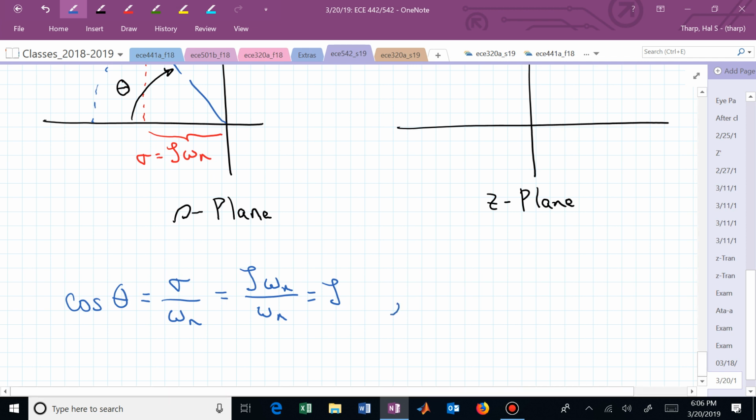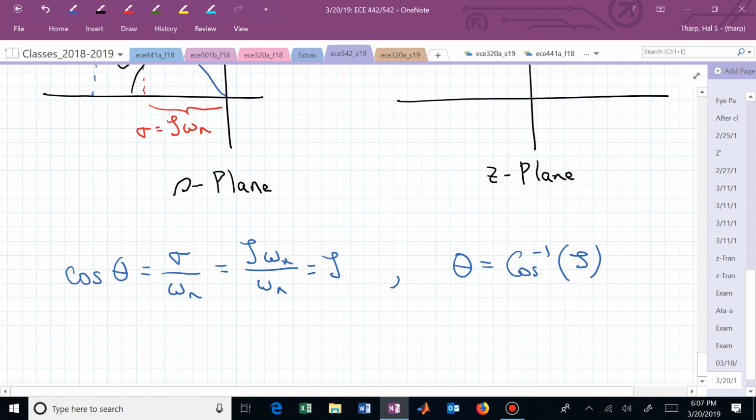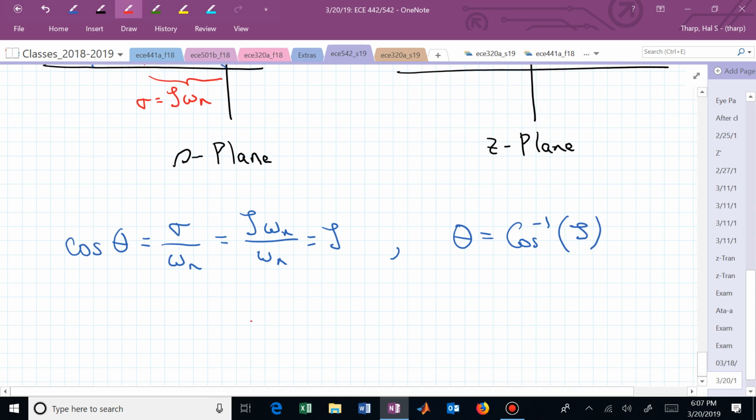So you can now say that theta is equal to the inverse cosine of zeta. That's the relationship between damping ratio and theta in the complex S-plane. This is now in the S-plane. That angle theta is the angle in the S-plane.